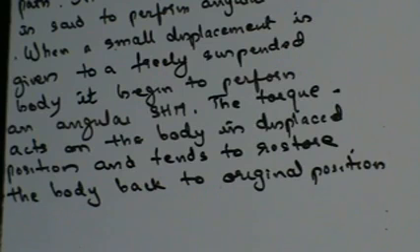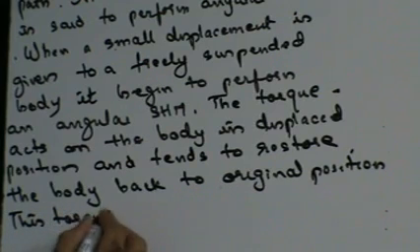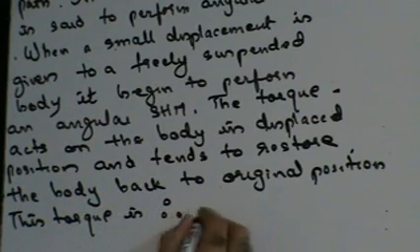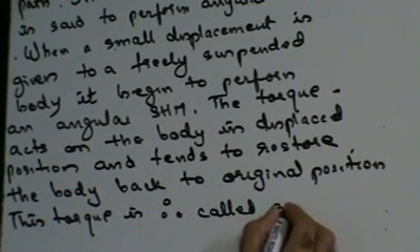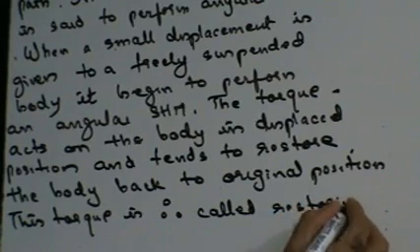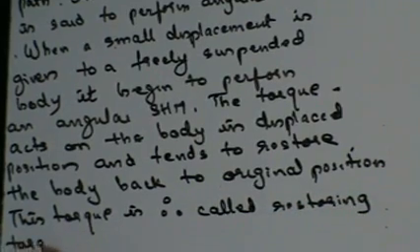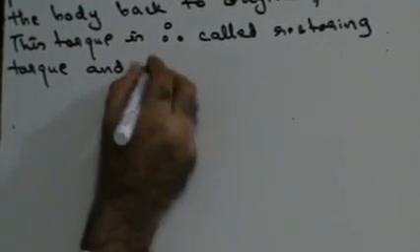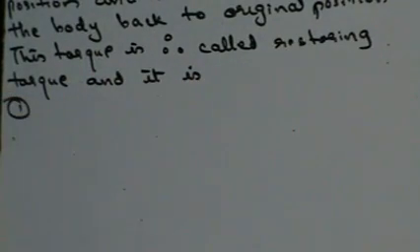Therefore, I can say that this torque is called the restoring torque, as it is trying to bring the body back to the original position. It is first directly proportional to the angular displacement.